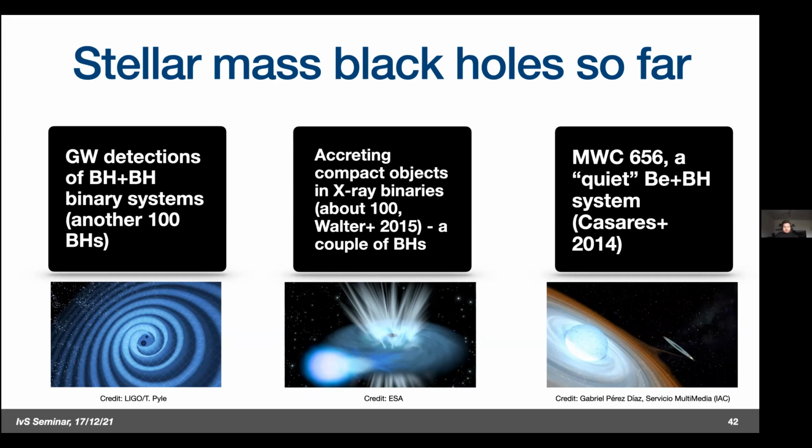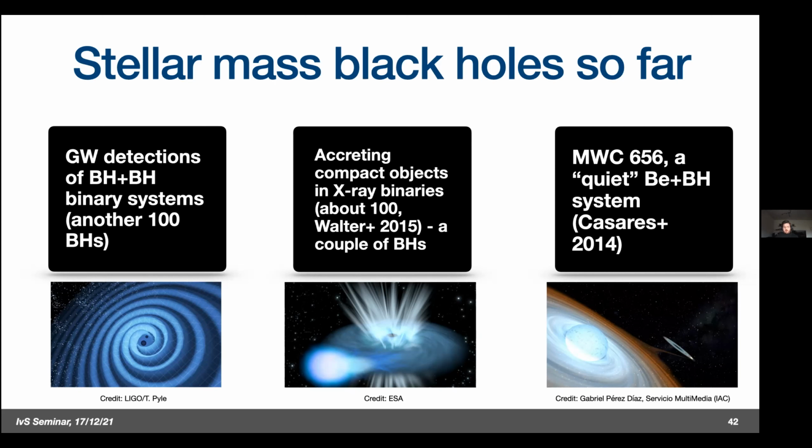About 100 compact objects in general have been detected in X-ray binaries, and these are detected in the X-rays because the compact objects in these systems are accreting material from their high or low mass companions through Roche-lobe overflow or wind accretion. However, only a handful of these are black holes. That should be noted.